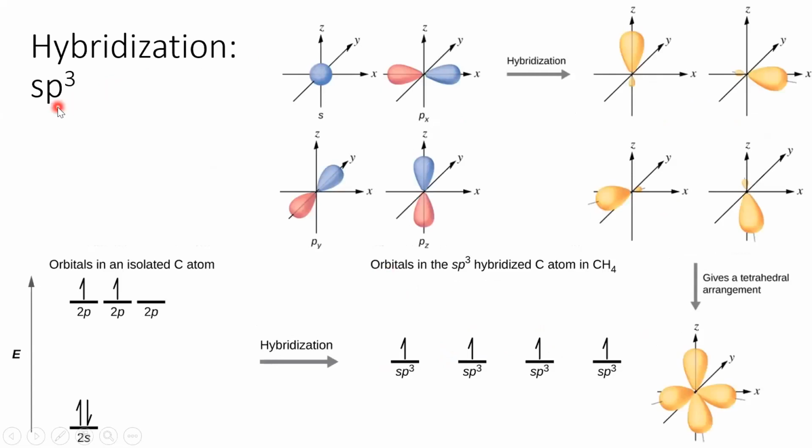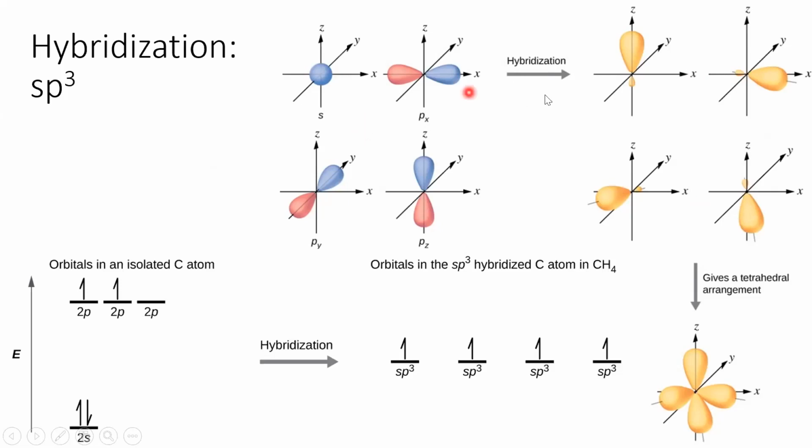Now, if we have sp3 hybridization, that's going to involve 1 s and 3 p orbitals that become hybrids. So we have our s orbital and our 3 p orbitals. There's 1, 2, 3, 4 unhybridized orbitals to begin with, and they kind of meld together, we're going to end up with 1, 2, 3, 4 orbitals.